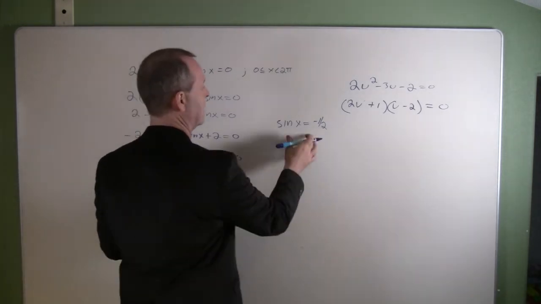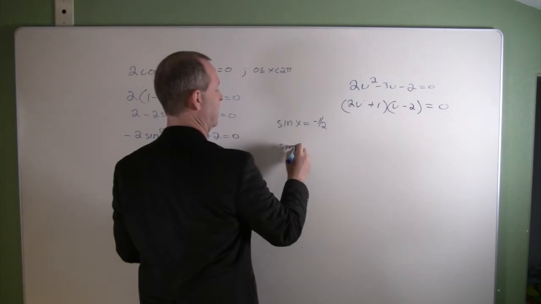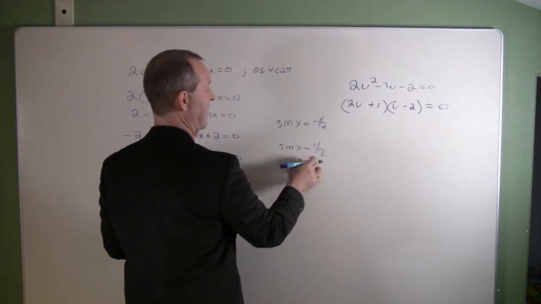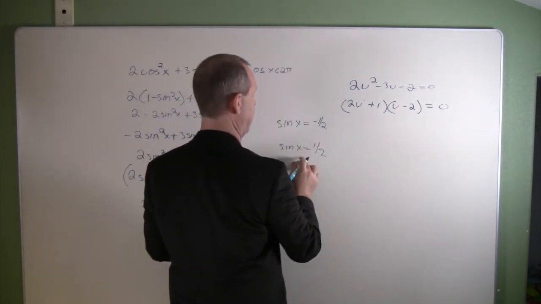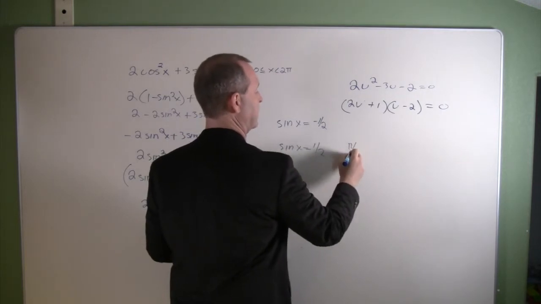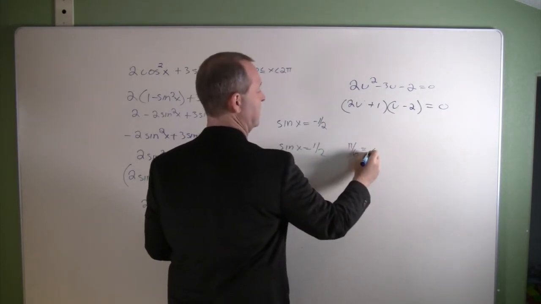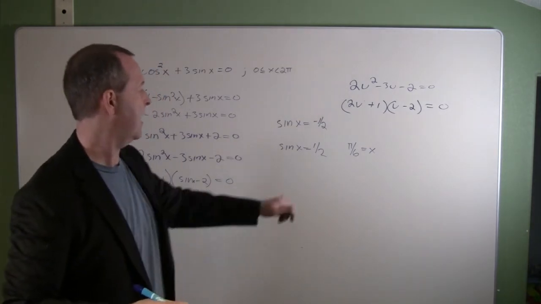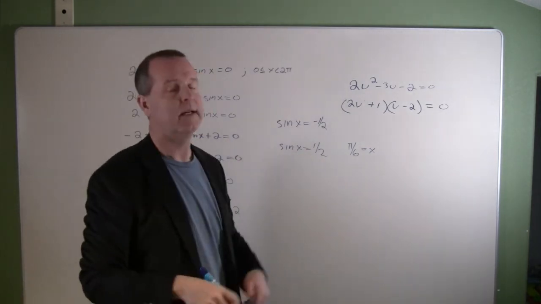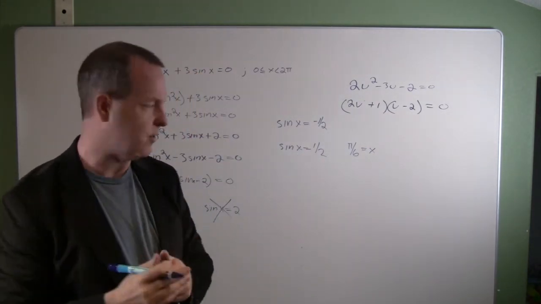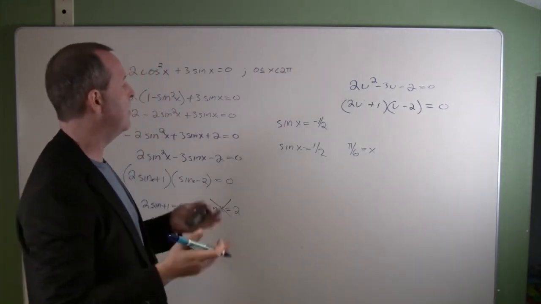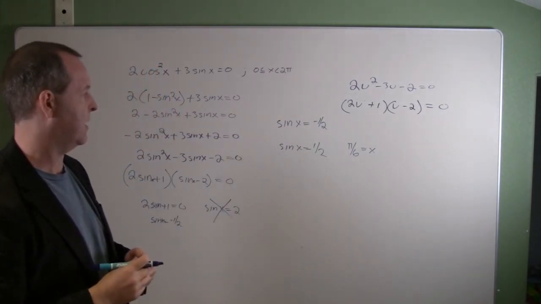The acute angle occurs in the first quadrant, where sine of x equals 1/2, and that's at pi/6. The sine of pi/6 equals 1/2. That's in the first quadrant.